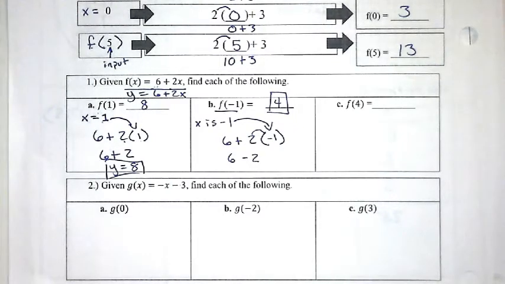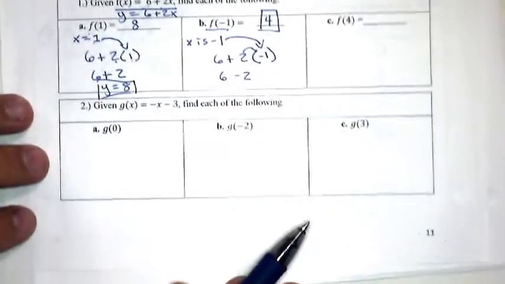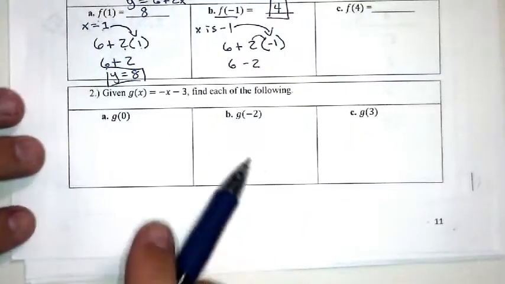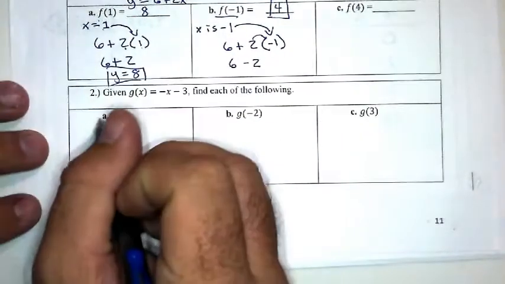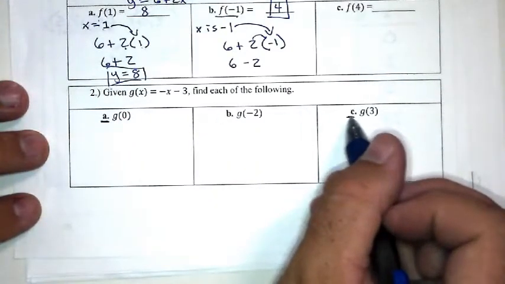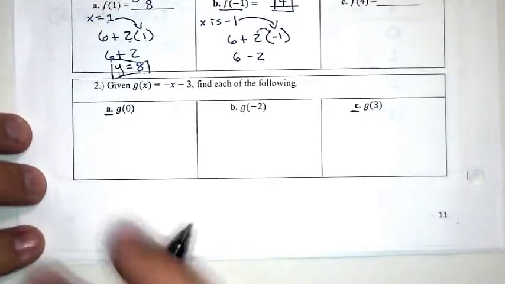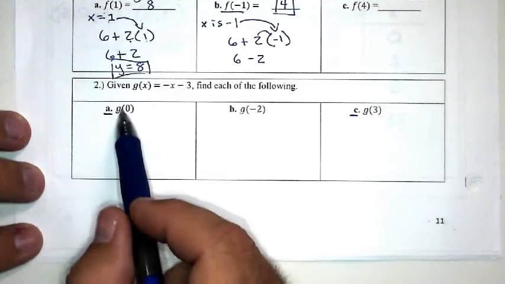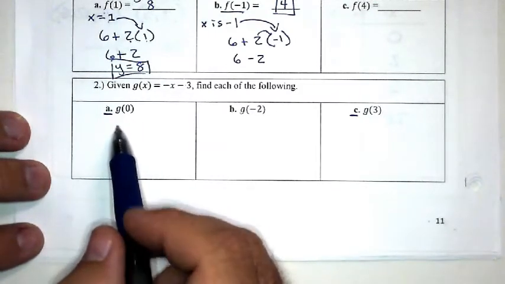I understand. Let us look at 2a and 2c. We're going to look at 2a and 2c. What does g parentheses 0 mean? I've written it multiple times. Thank you. X is 0.